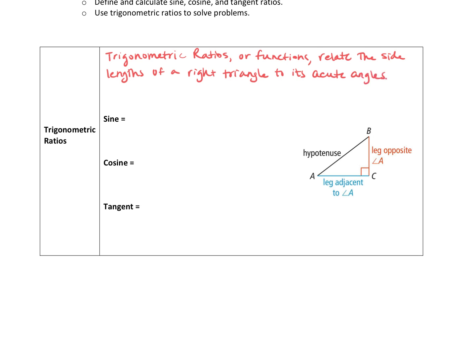Now when we say the acute angles, a right triangle has one right angle. So not the right angle, but the other two angles are your acute angles.